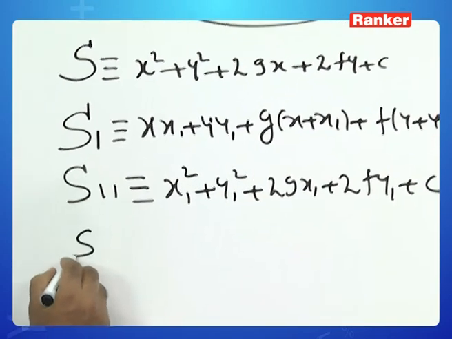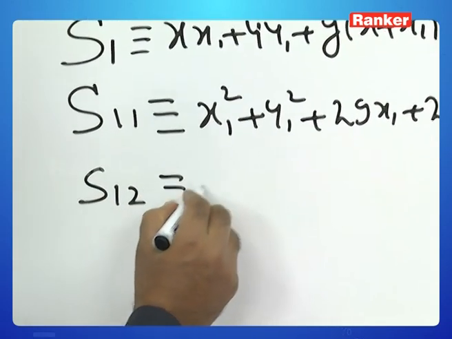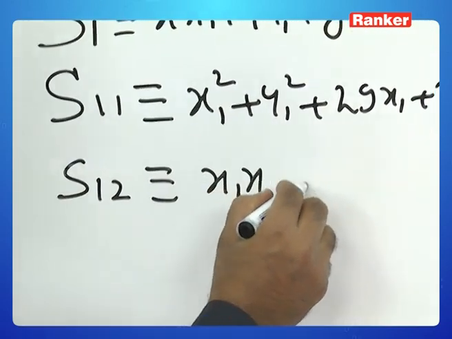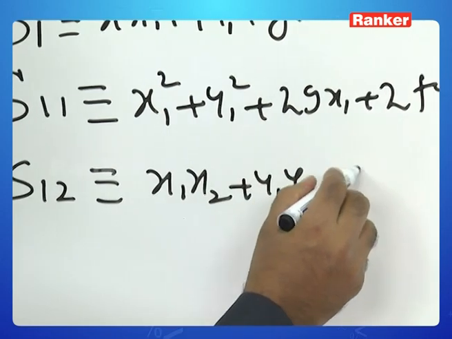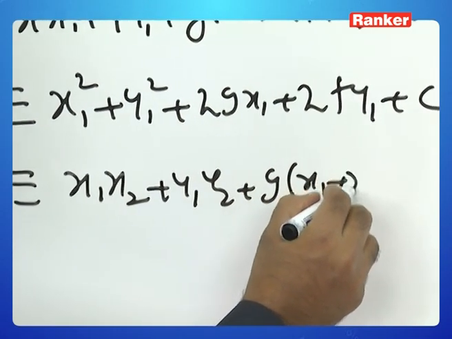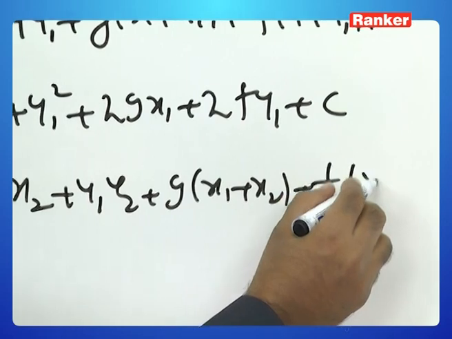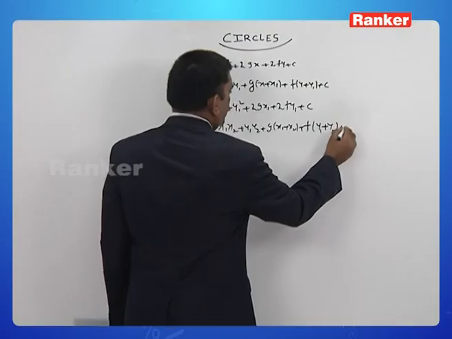Next, S12 is x1 x2 plus y1 y2 plus g into x1 plus x2, plus f into y1 plus y2, plus c.